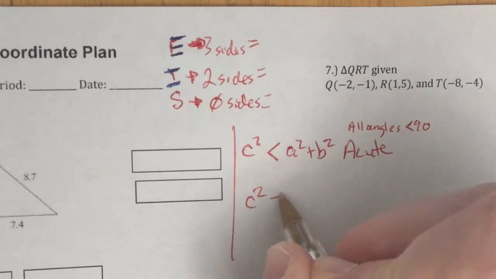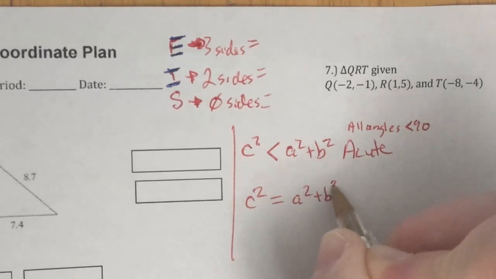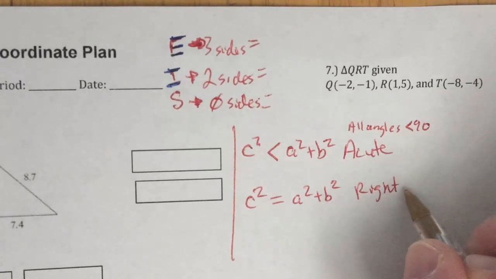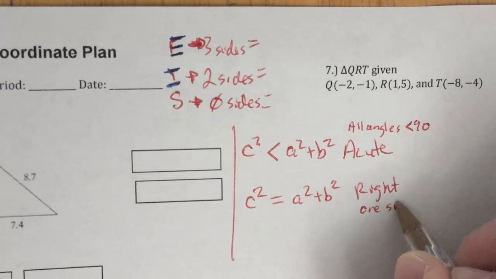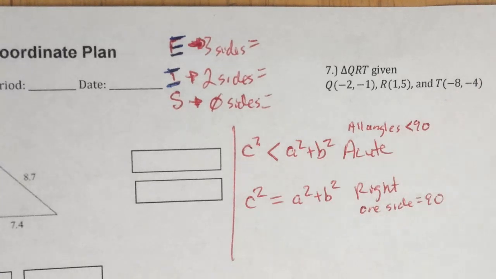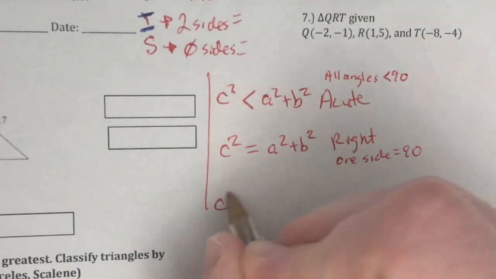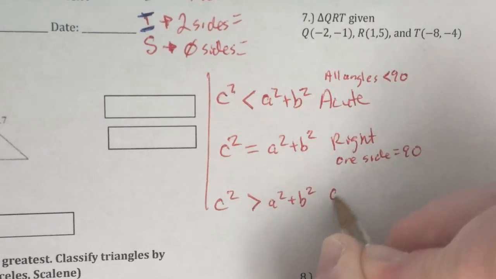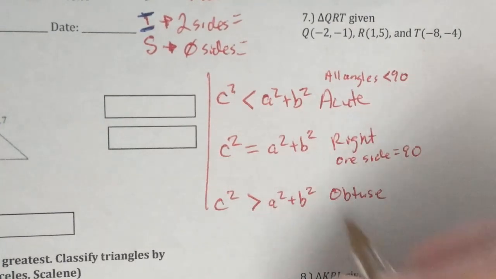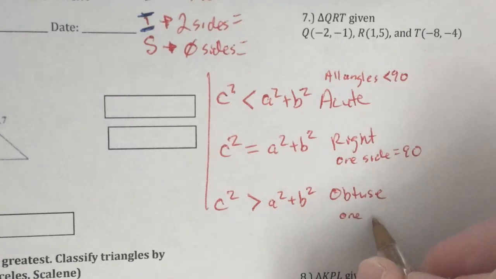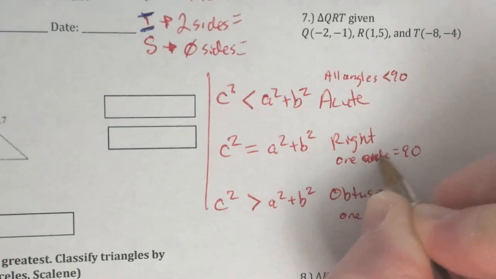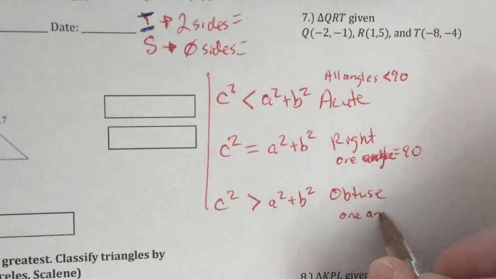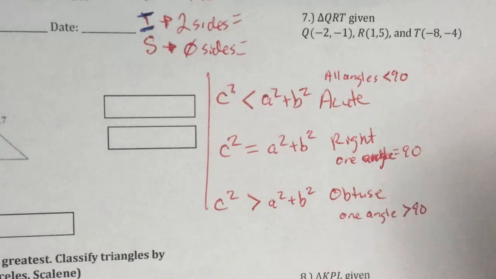If c squared is equal to a squared plus b squared, that means it's a right triangle, so one angle equals 90. And finally, if c squared is greater than a squared plus b squared, that means it's obtuse, where one angle, sorry, is greater than 90.